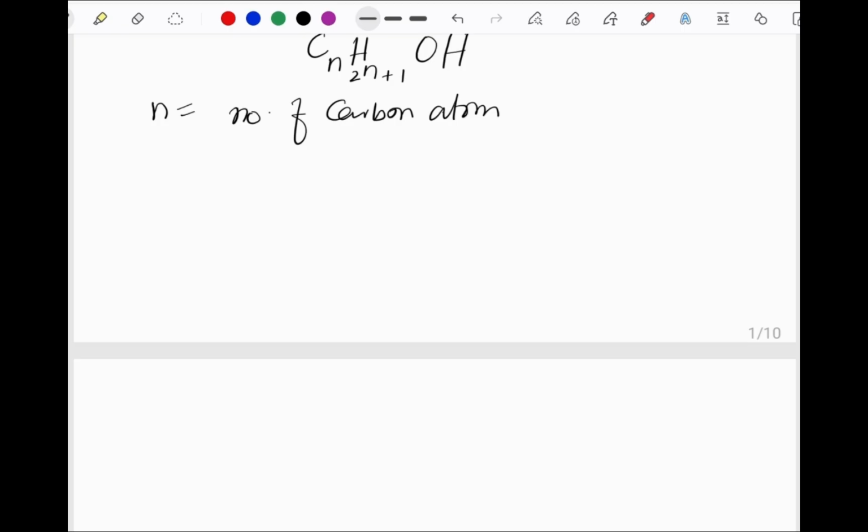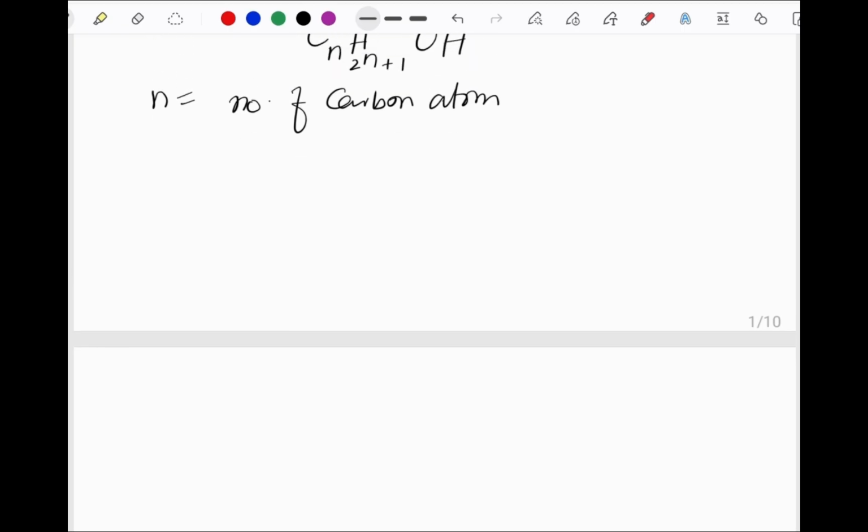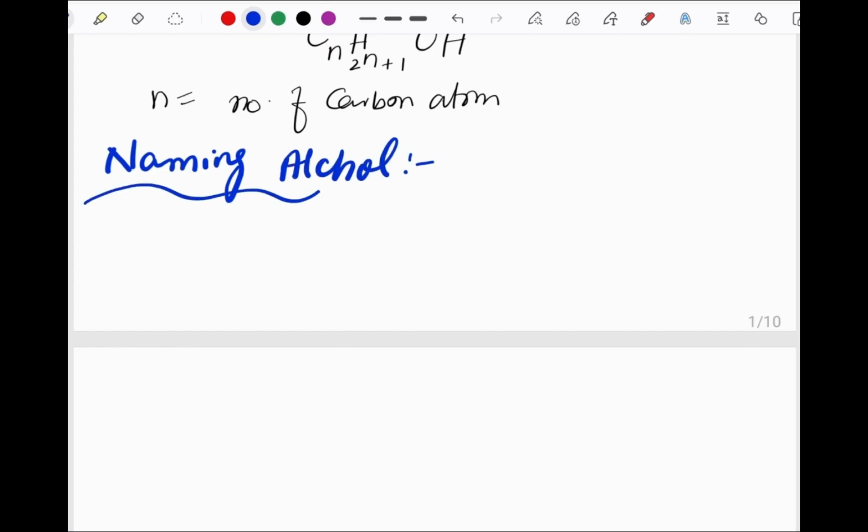How does it work? Let's look at an example. But before the example, we will see how we can name an alcohol. Naming an alcohol. We just have to add OL at the end of the name.